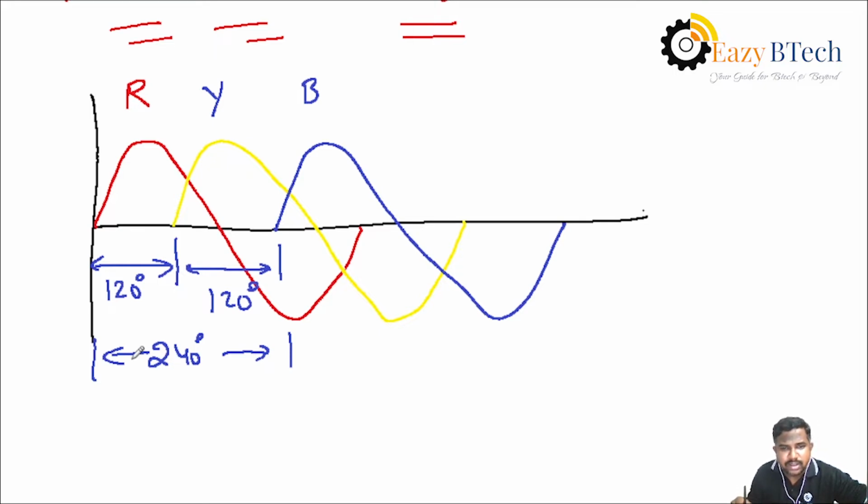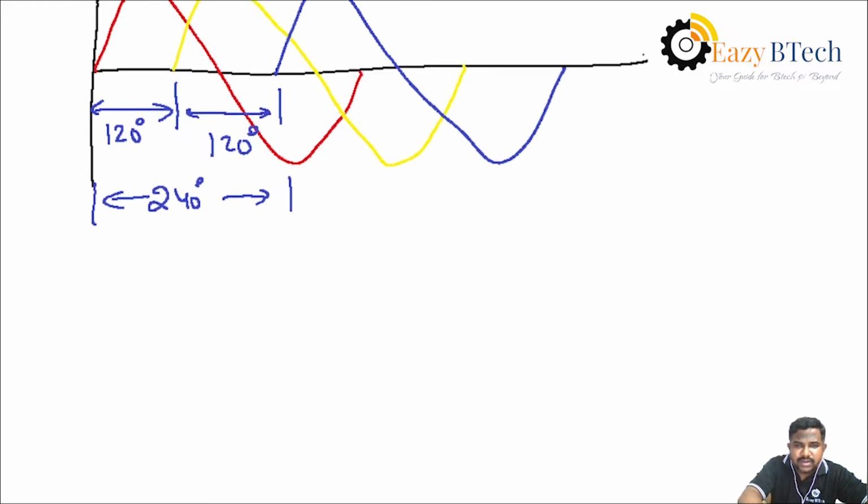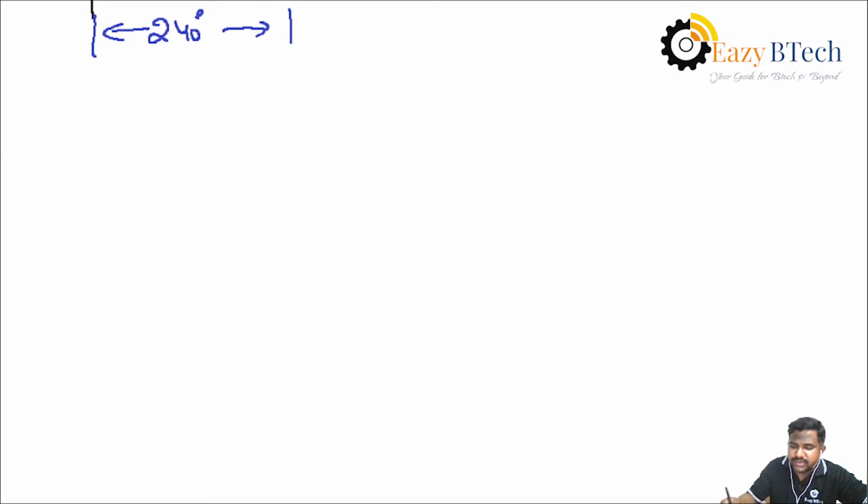Between R and Y, the phase angle difference is 120. Again, between Y and B, the phase angle difference is 120. Again, between B and R, the phase angle difference is 120 degrees. That means between every two phases, the phase angle difference is 120 degrees in three phase lines.